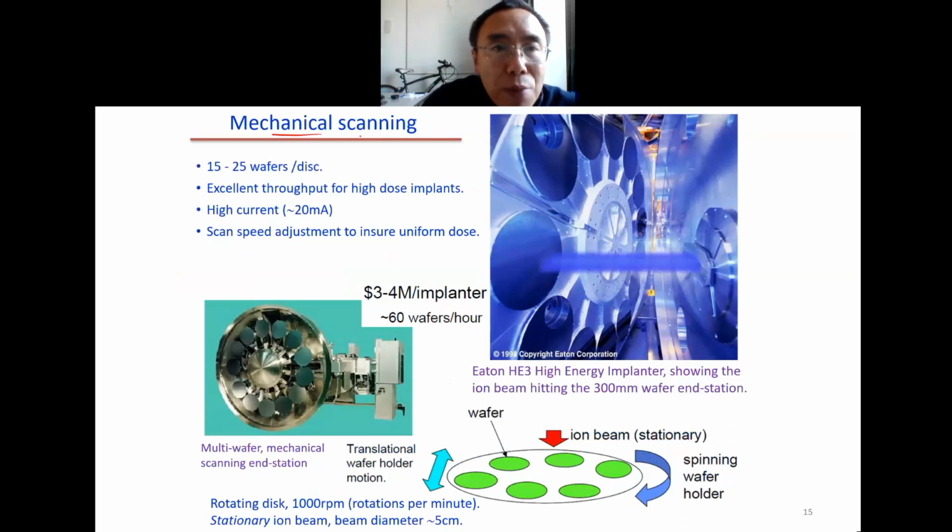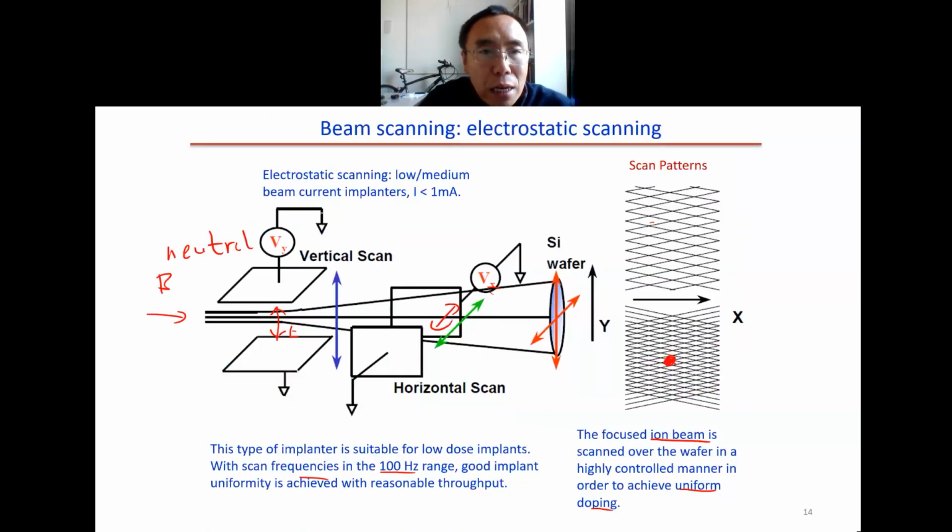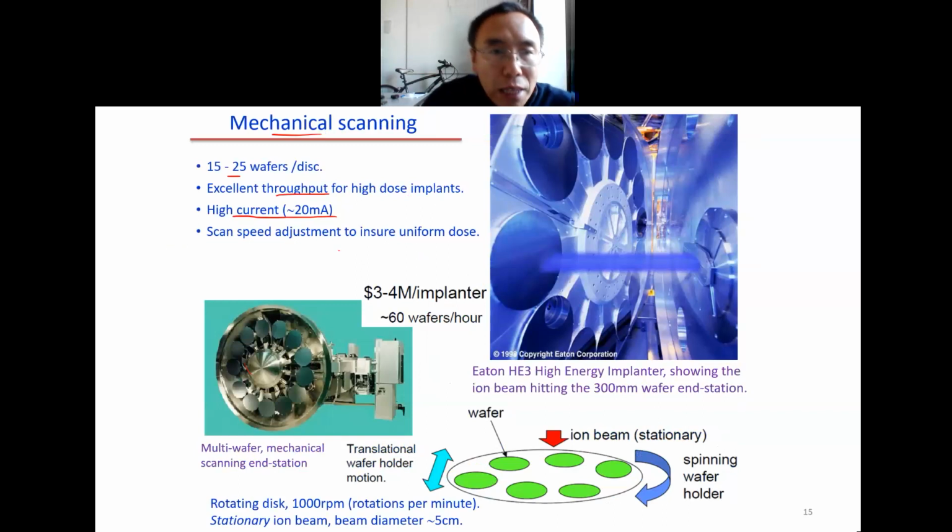Another way is called mechanical scanning. For mechanical scanning, we can have 15 to 20 wafers per disk. We can put many wafers and have very high throughput because we can have high current. Here we have 20 milliampere, whereas for electrostatic scanning the current is less than 1 milliampere. In this case, the ion beam is stationary, fixed, with no movement.